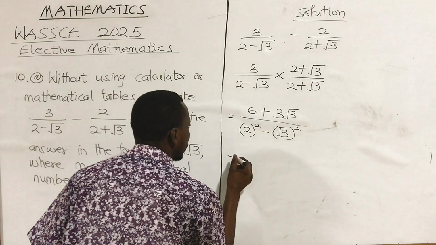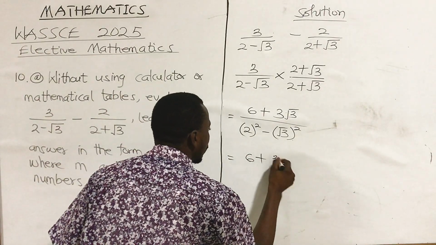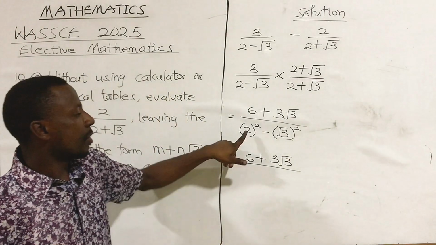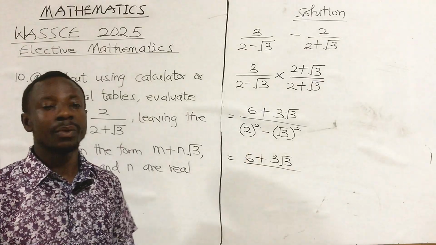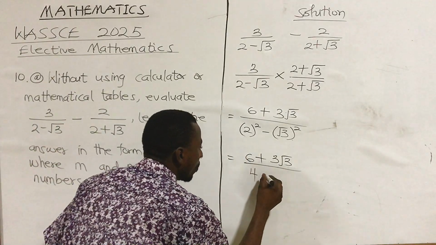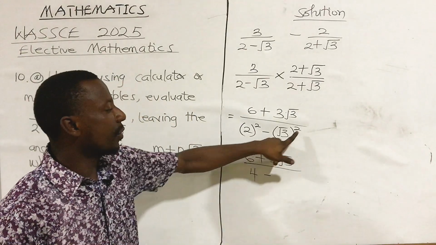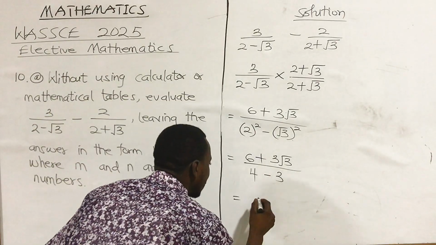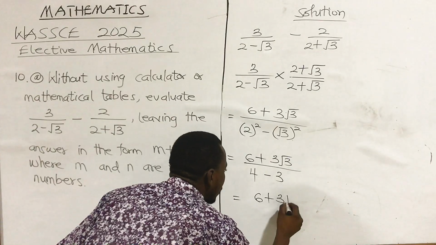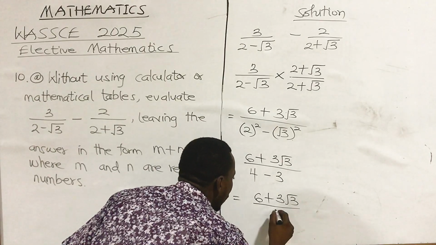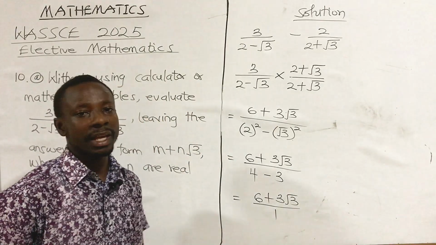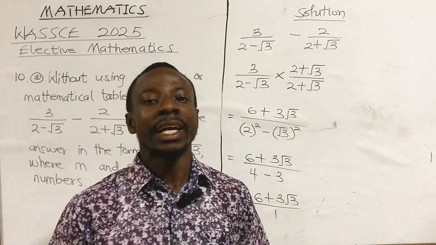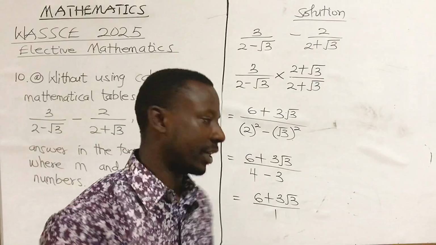So we have 6 plus 3 root 3 all over. From here we know that 2 squared, we have 4, minus root 3 all squared, we are having 3. So we are going to get 6 plus 3 root 3 all over 1, and that is still 6 plus 3 root 3.